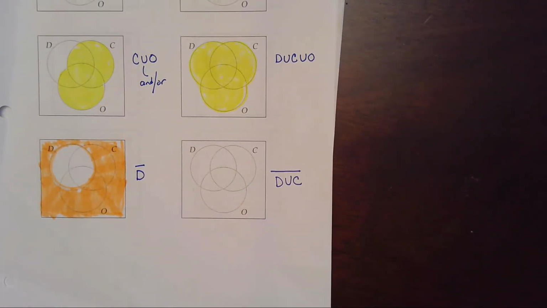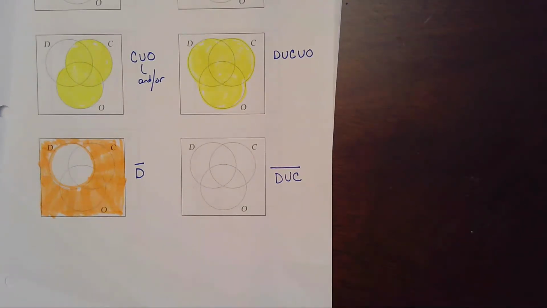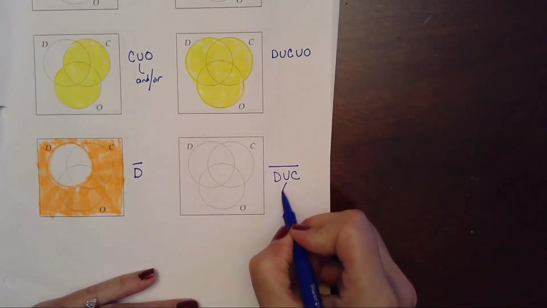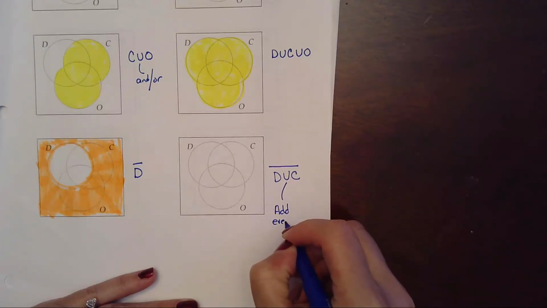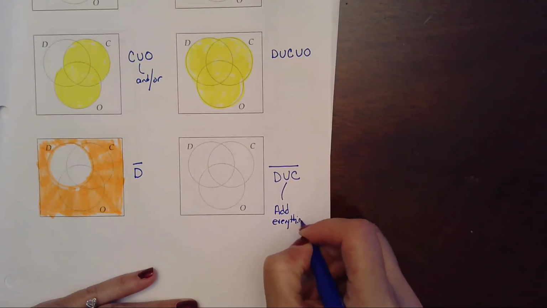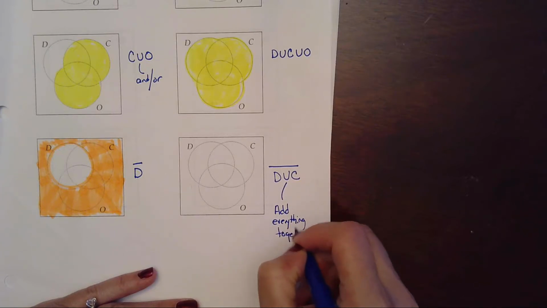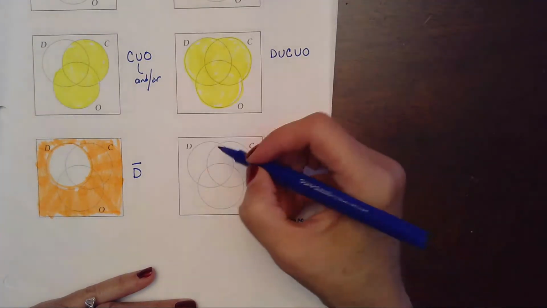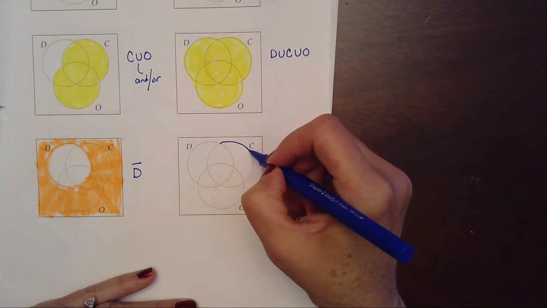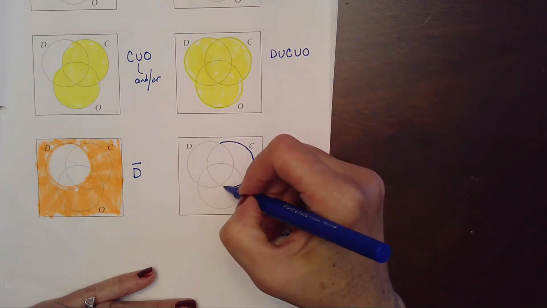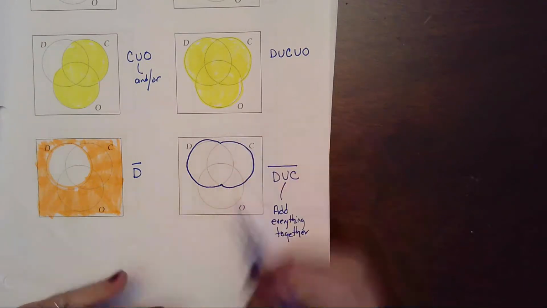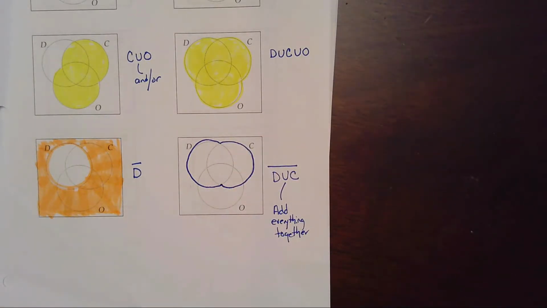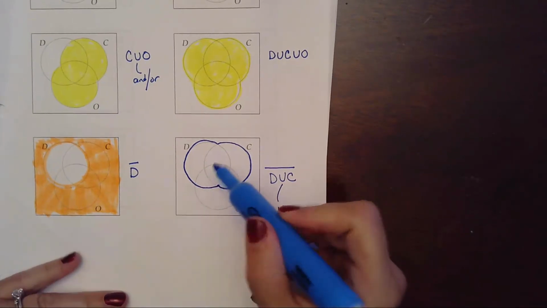Okay, so D union C. All right, union means add everything together. So if I'm looking at D union C, right here, I'm going to take everything in D union C. However, when it says D union C bar, I don't want to shade inside.